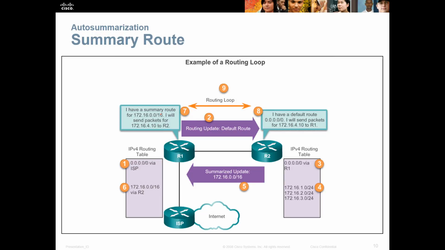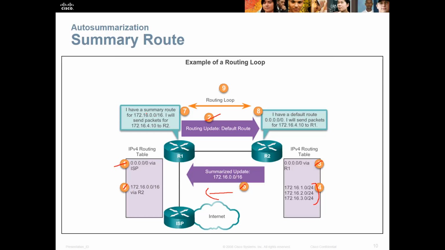So how does a summary route work? First we start with a static route to zeros. Then from there we send a routing update using a default route. We then add the new route to the routing table via R1. We then update and summarize, so it will now get the route summarization to R2.